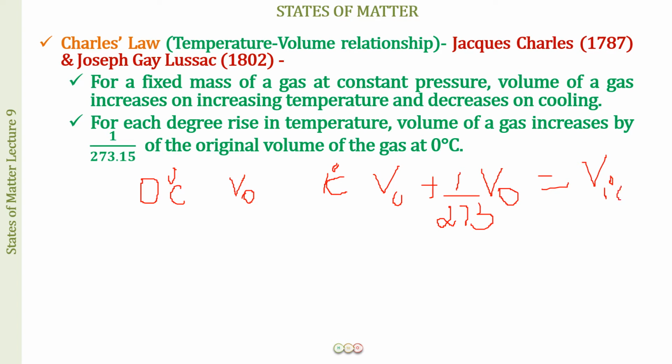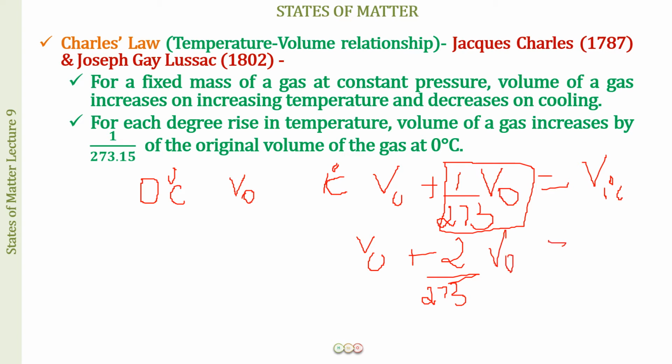Now if I increase the temperature further, I take it to 2 degrees Celsius, okay? So 2 degrees Celsius means that I will be adding another 1 by 273 of V naught. So 1 by 273 of V naught plus 1 by 273 of V naught is going to be 2 by 273 of V naught. So I can write that V naught plus 2 by 273 of V naught is going to be my volume at 2 degrees Celsius.